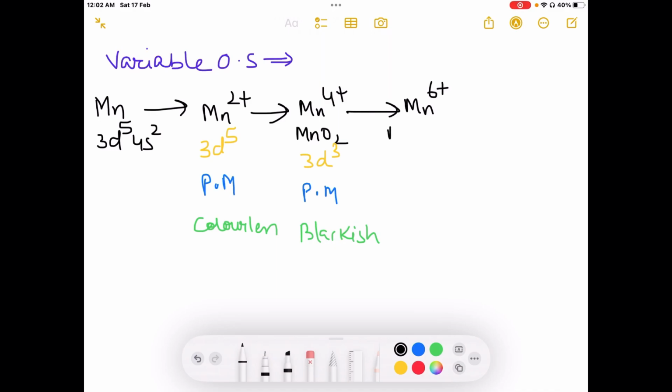Mn6 plus means MnO4 2 minus, manganate ion. This manganate ion has configuration 3d1. It has 1 unpaired electron, so it is paramagnetic and dark green in color.